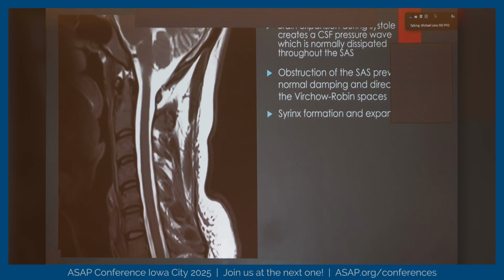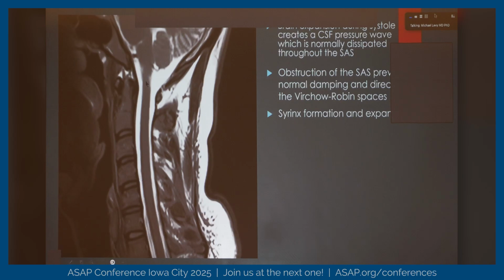I guess the premise that I think is most likely, and really described by one of the board members of this foundation, is that with systole, you get expansion of the brain, which creates a CSF pressure wave.